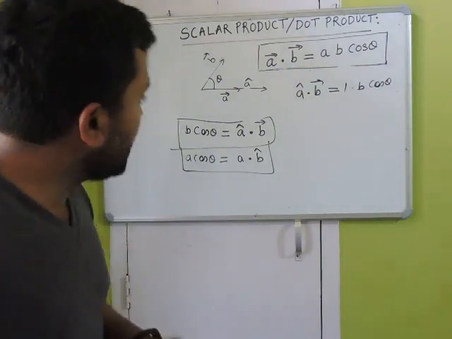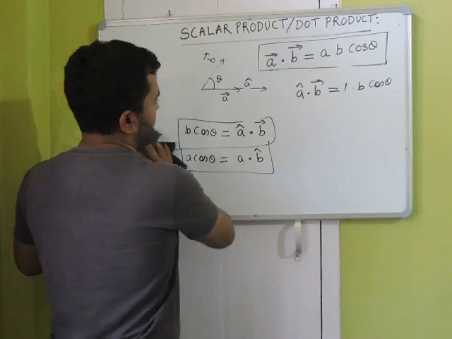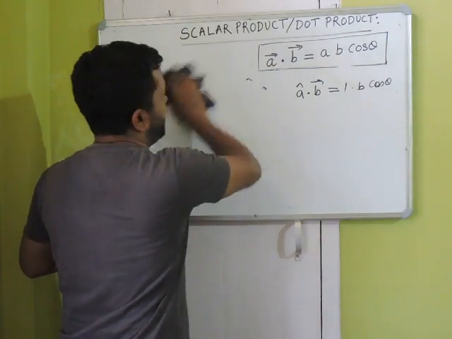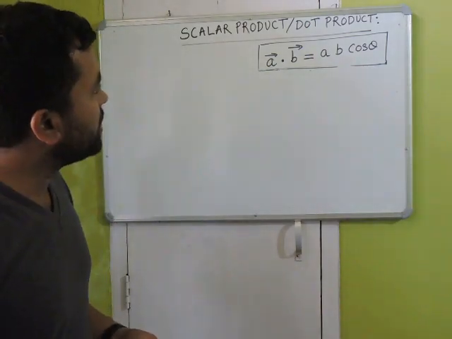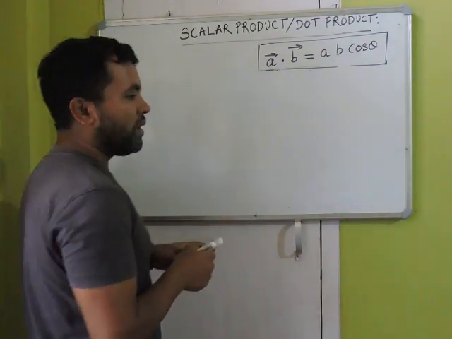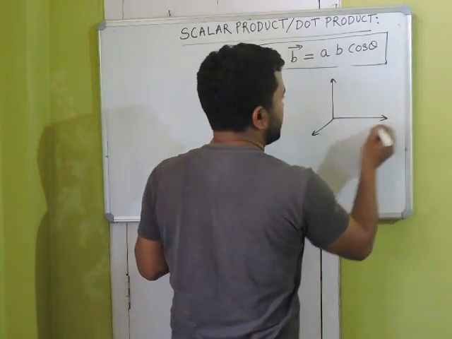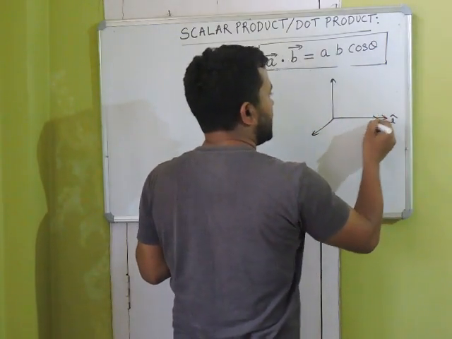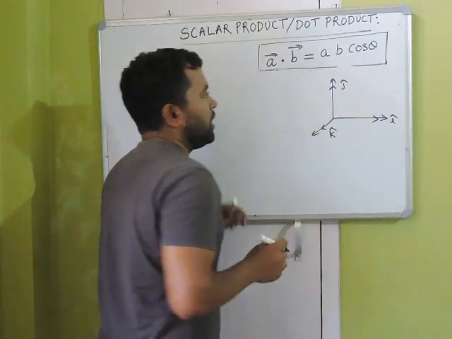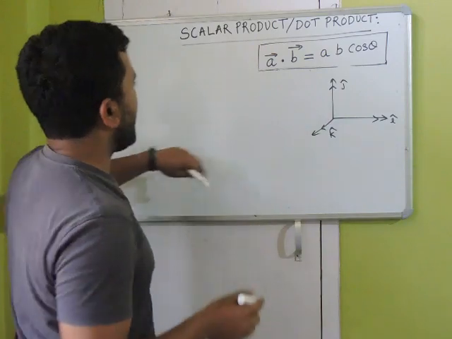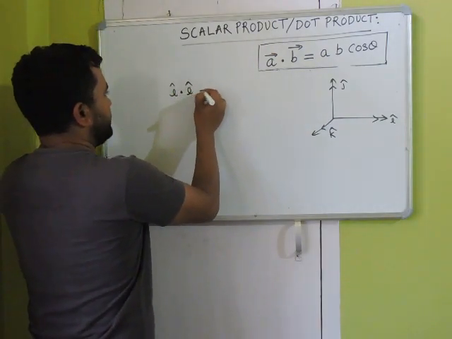Now it turns out that this expression has a huge application in physics. Now we'll talk more about it. As I told you, we can have a unit vector along x, we call unit vector i cap, along this j cap, and along this k cap. So if I ask you what is i cap dot i cap?